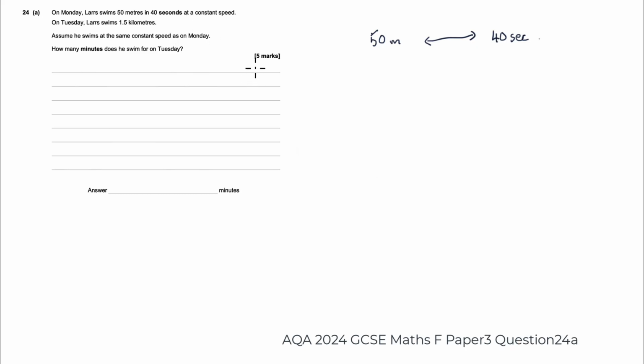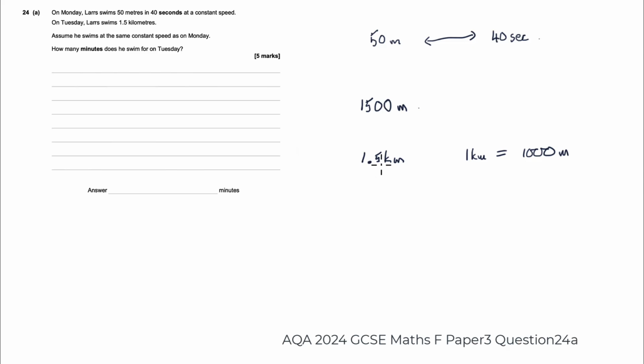So the constant speed means that we can work out 1,500 metres, which is what 1.5 kilometres is equal to. Remember, 1 kilometre is 1,000 metres.